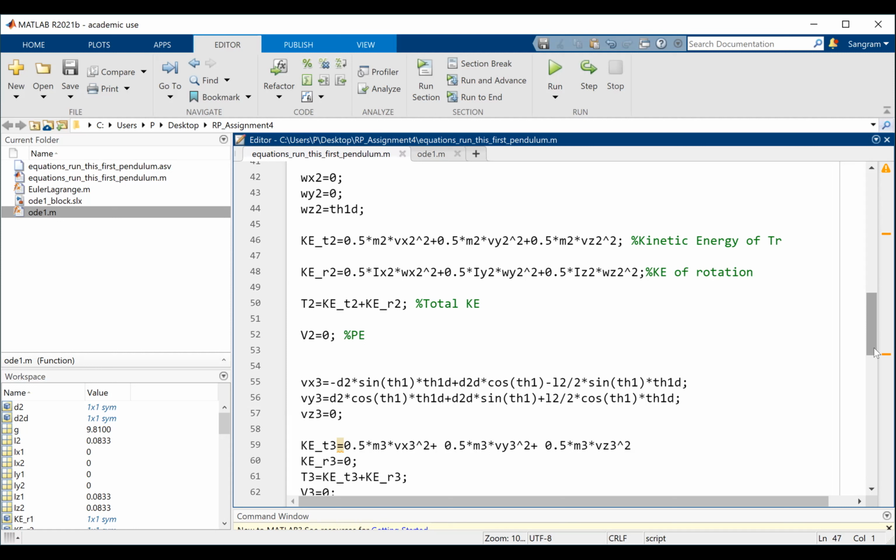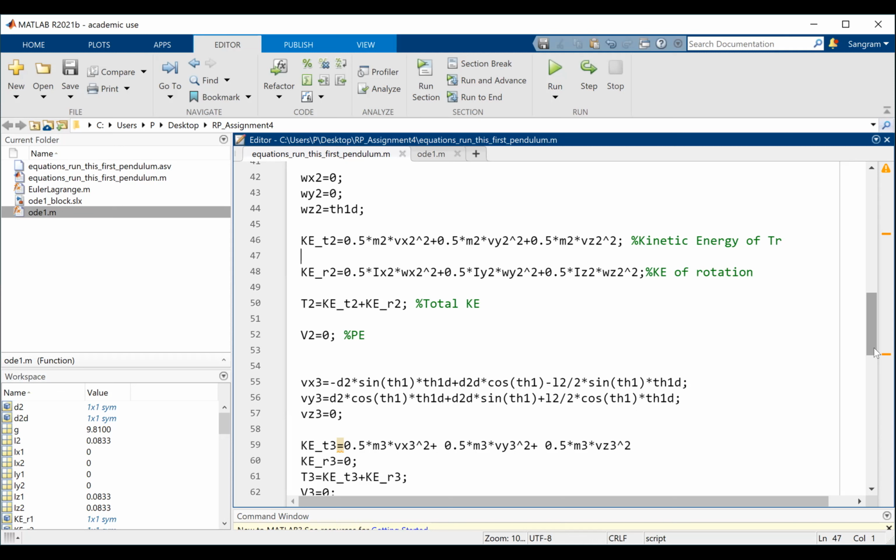Vy3 is d2 cosine theta 1 dot, d2 dot sine theta 1 plus L2 by 2 cosine theta 1 dot. Can you see that that is the same expression that is coded over here? And then Vz3 is equal to 0.